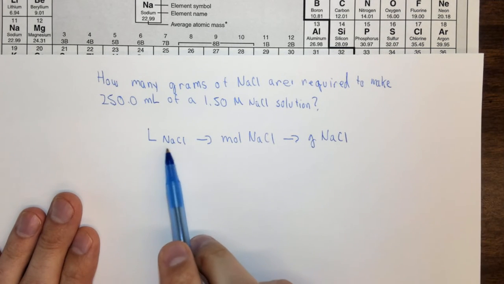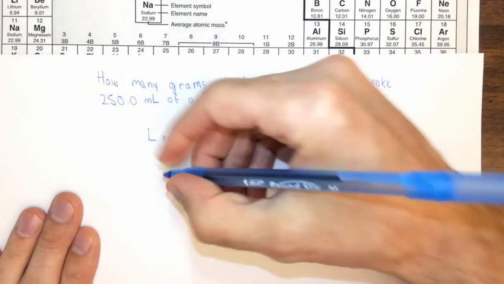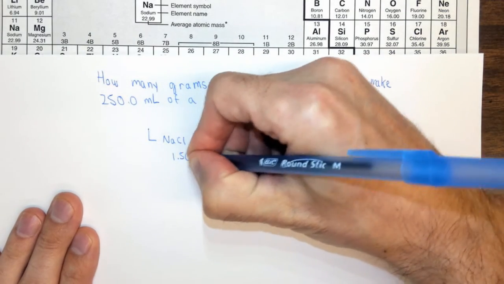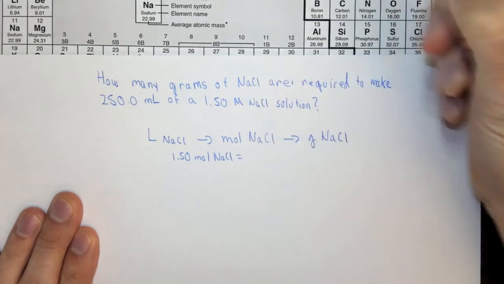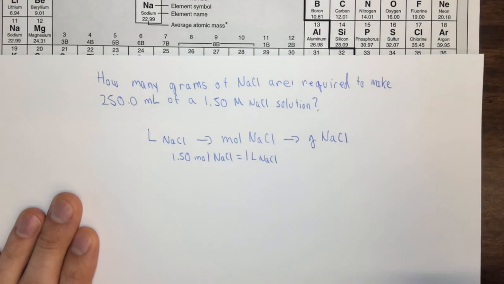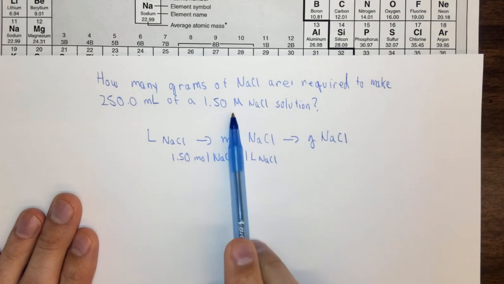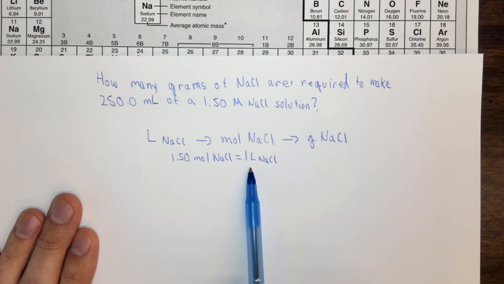So here, for liters of NaCl to moles of NaCl, we know that 1.50 moles of NaCl is equal to exactly 1 liter of the NaCl solution. With molarity, the number of moles equals 1 liter, always 1 liter.